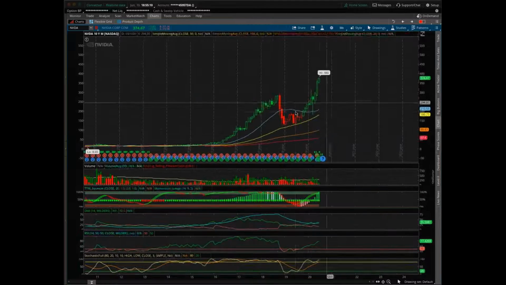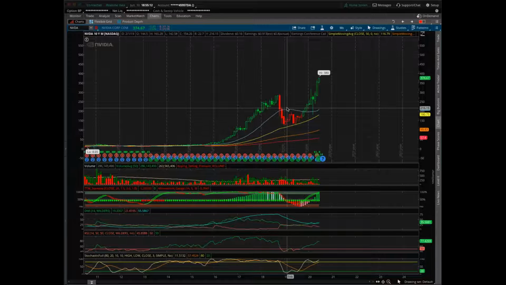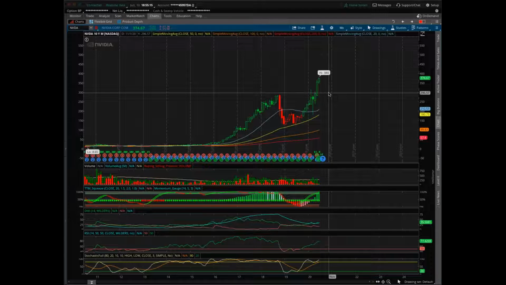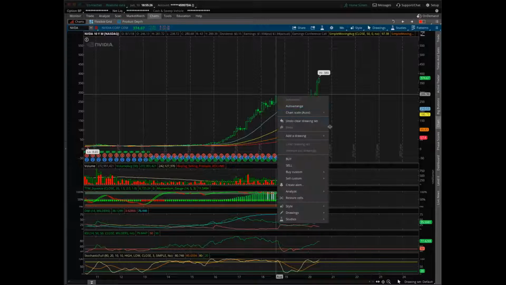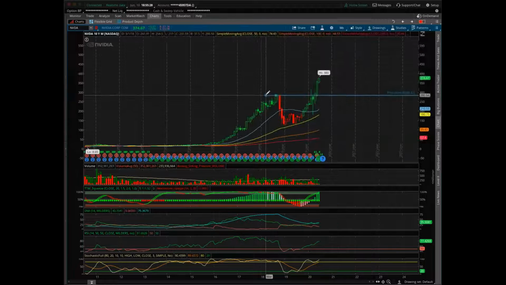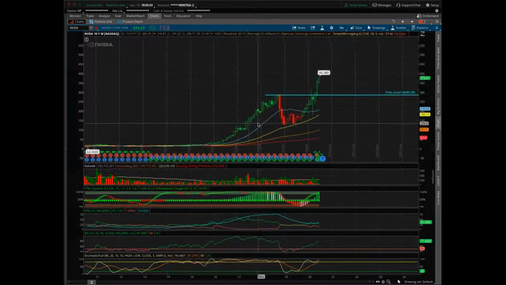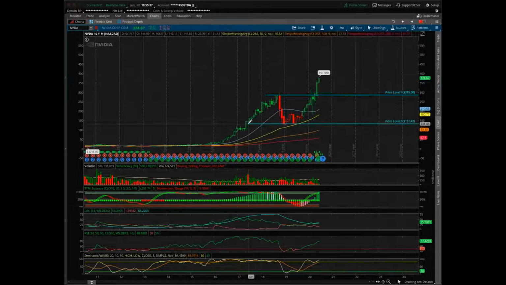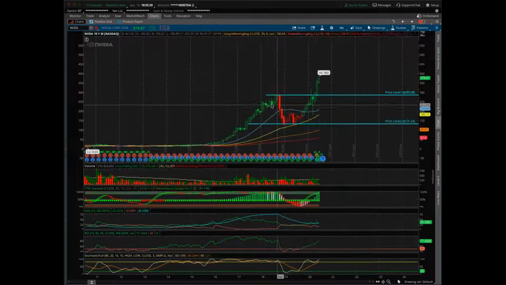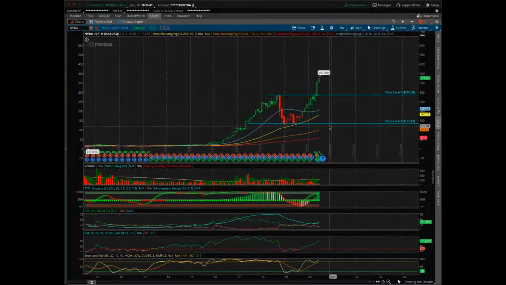Homework number 2 is to go on your monthly, weekly, or daily chart, your higher time frame chart, and show me a resistance point. So here's a resistance point and a support point. Okay, I want to know that you get support and resistance down.